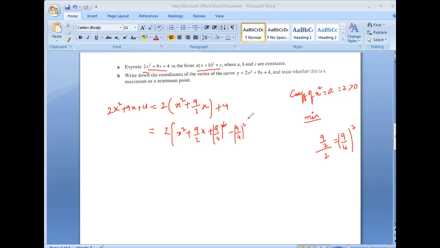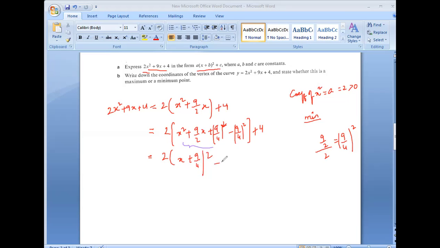I'm adding and subtracting. Close the bracket, plus 2. Now simplify this. This is in the form of a square plus b square plus 2ab, so a plus b whole square. So 2 into x plus 9 by 4 whole square.